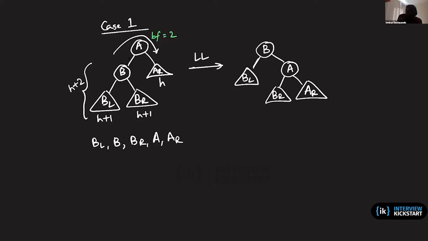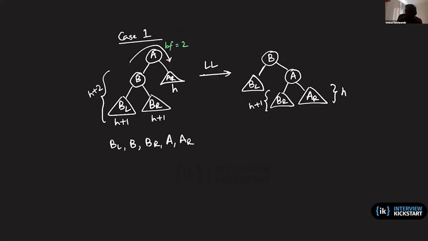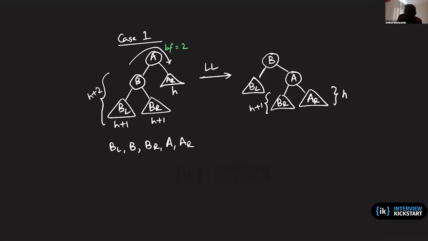Now what happens to the heights? Let's mark the heights. A sub R has a height H, B sub R has a height H plus 1, B sub L has a height of H plus 1. Now if you look at the balance factor at B, the left subtree has a height of H plus 1. By the way, the balance factor at A is plus 1.